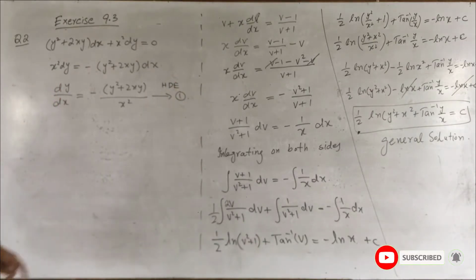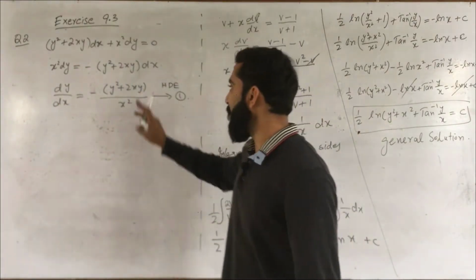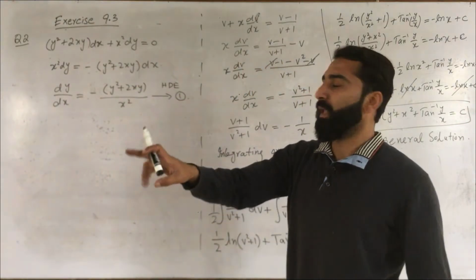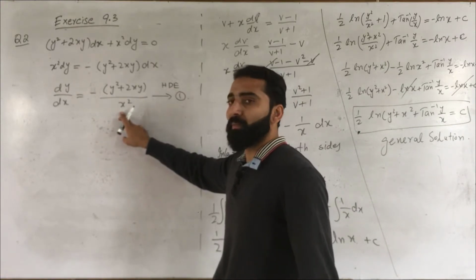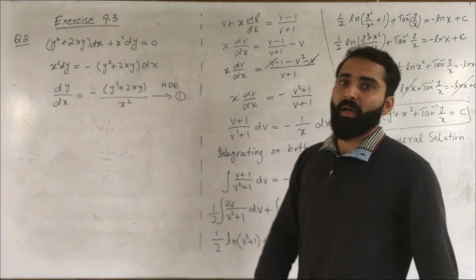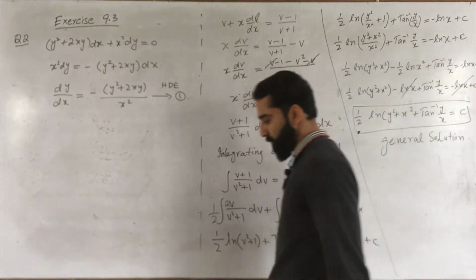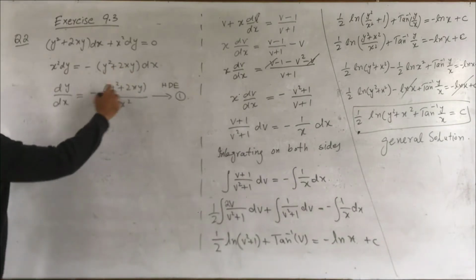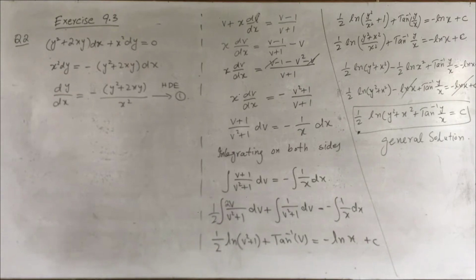If we put tx in the place of x and ty in the place of y, on the upper side we can have t square, and if we put tx in the place of x square at the lower place, we can have t square common out as a degree of 2. These separate homogeneous functions are both of degree 2, at the numerator and denominator.